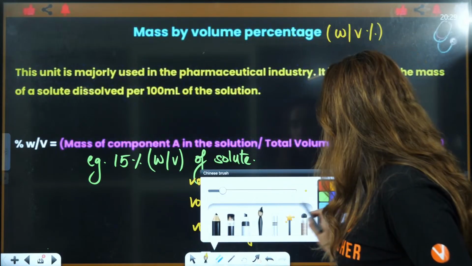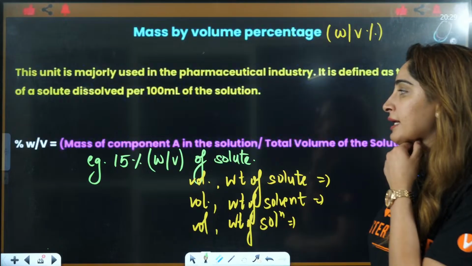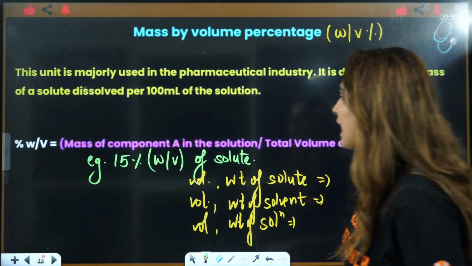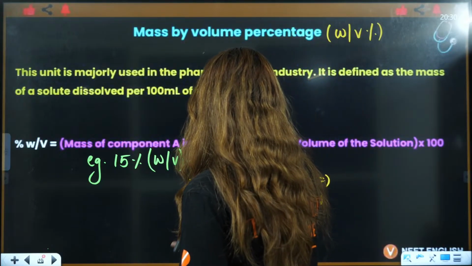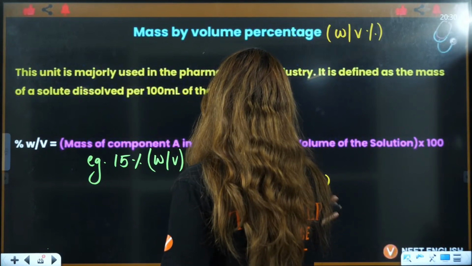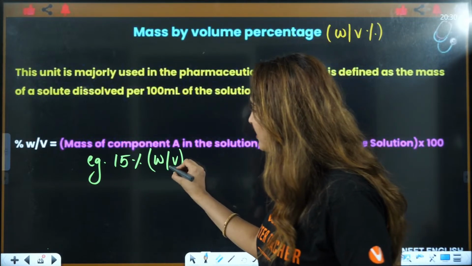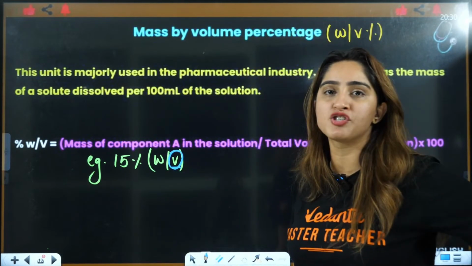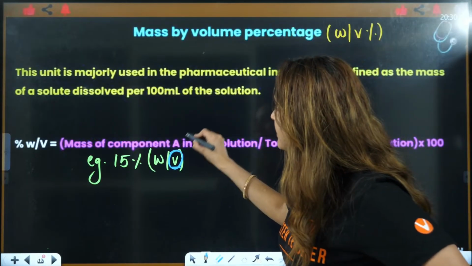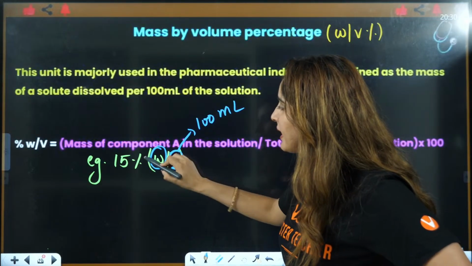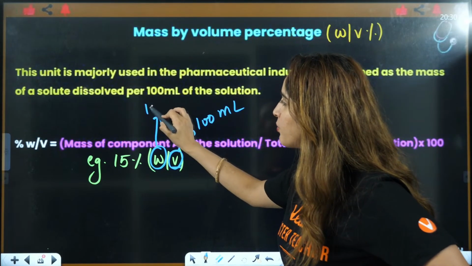So, if you see this 15% weight by volume, as I always told you, the one that is in the division will be taken as 100. So this will be taken as 100 milliliter, and this will be the percentage given, that is 15.